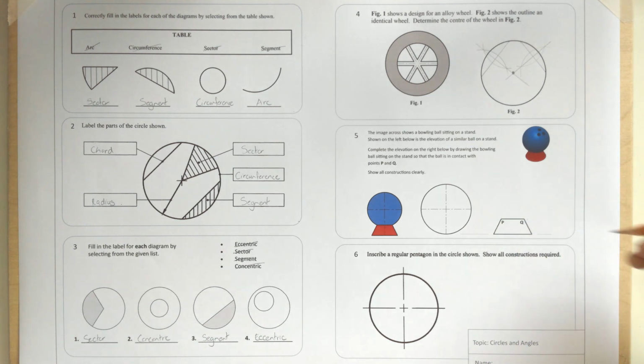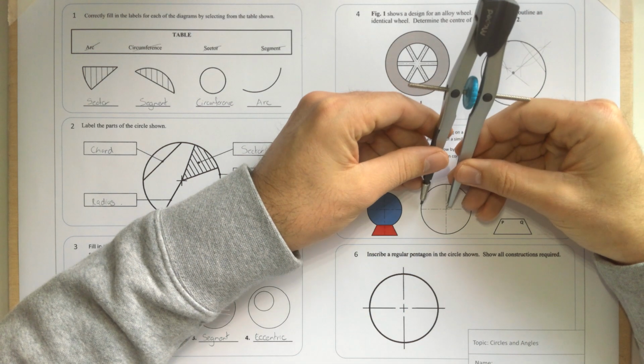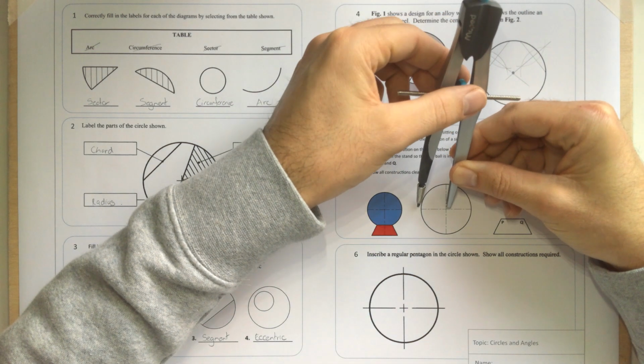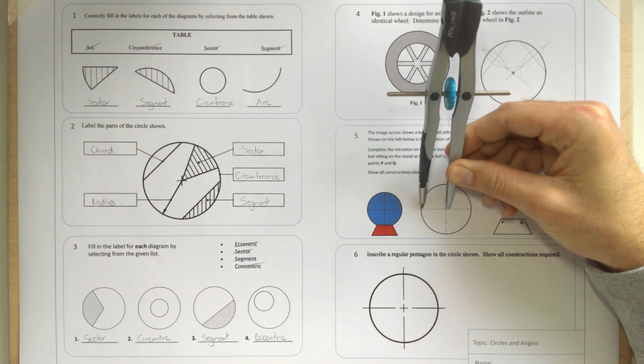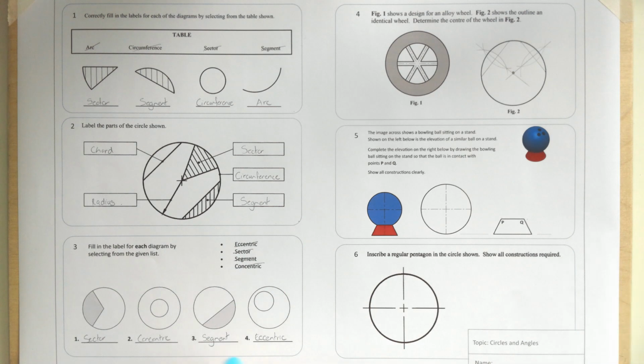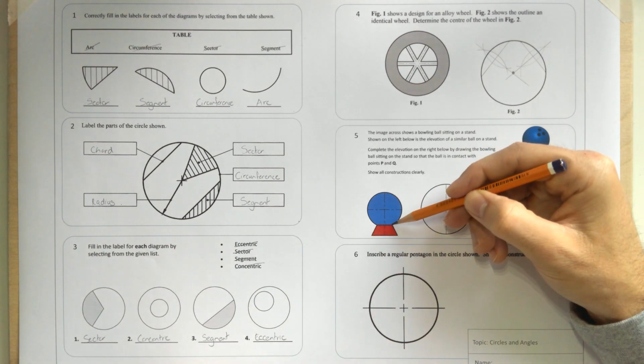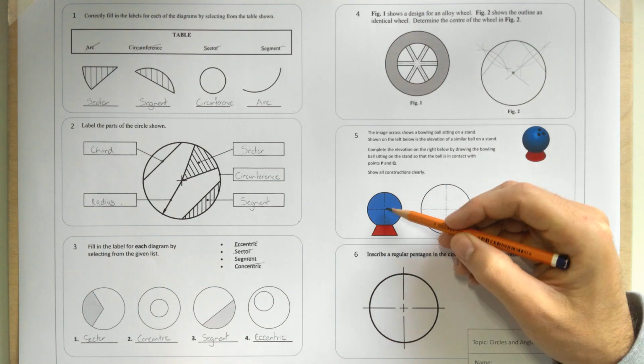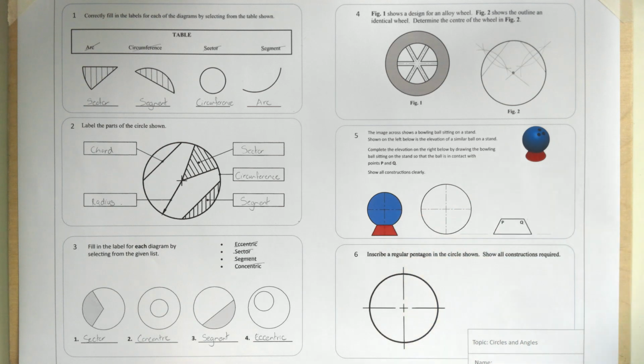So we need to get the center point of the circle. If you set your compass to the radius of the circle, so center point out to the very edge, that has to be the radius there. And if it's sitting touching these 2 points, the distance from the center to that point must be the radius, and the distance from the center to that point must be the radius.